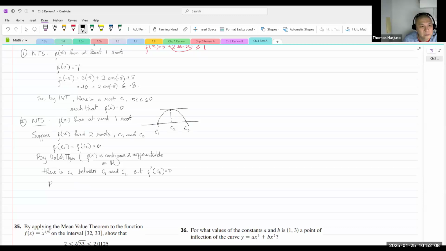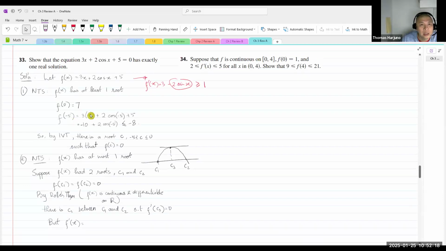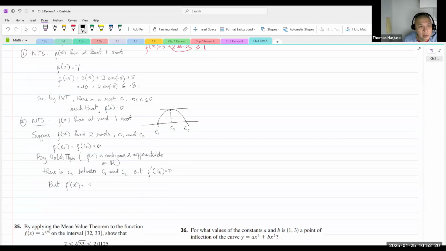But f prime x throughout all real numbers turns out to be 3 minus 2 sine x, which is at least 1. In other words, f prime x cannot be 0 for every x.